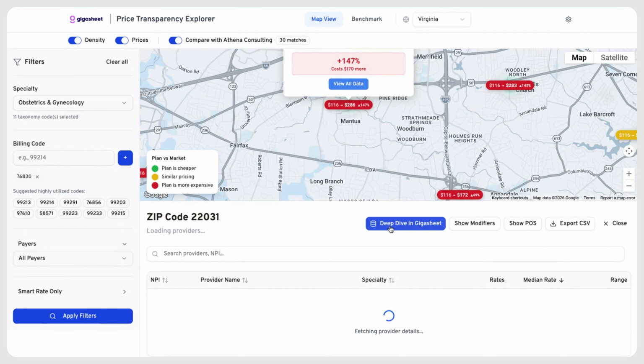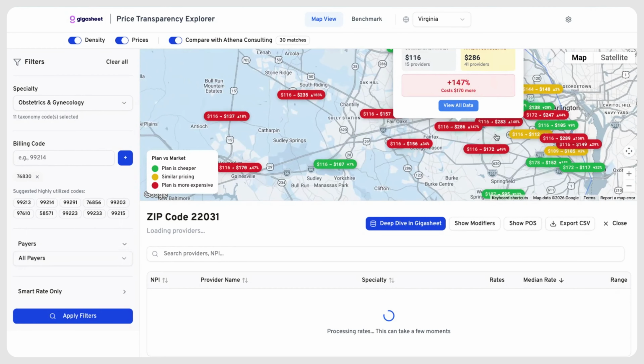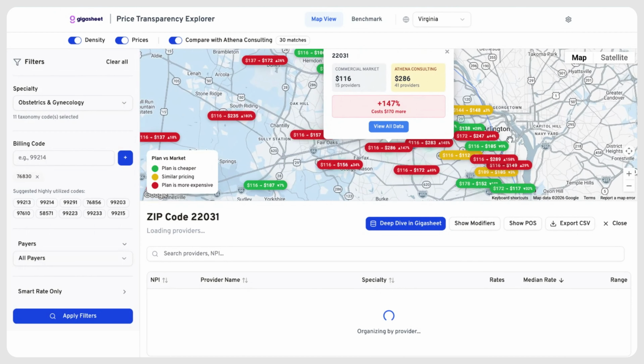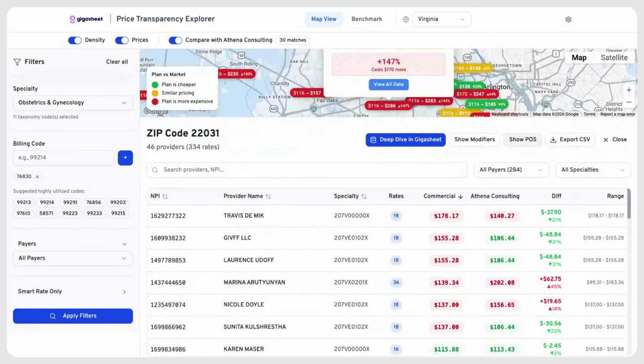We can also go to all the underlying data in Gigasheet and take a look at it. It's also easy to flip between plans. So we could load up multiple plans and say, compare the self-funded plan that Athena Consulting has with another self-funded plan, but what we should really do is look at the self-funded plan that Aetna offers and pull one of those and then start to compare that way.